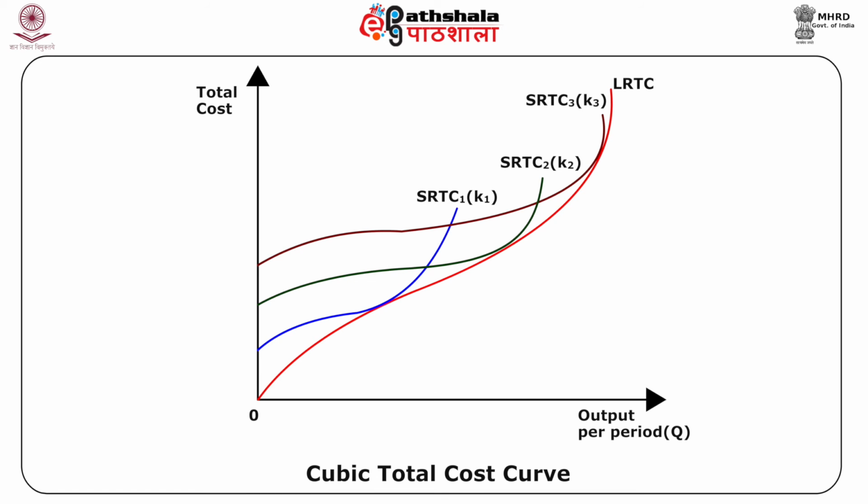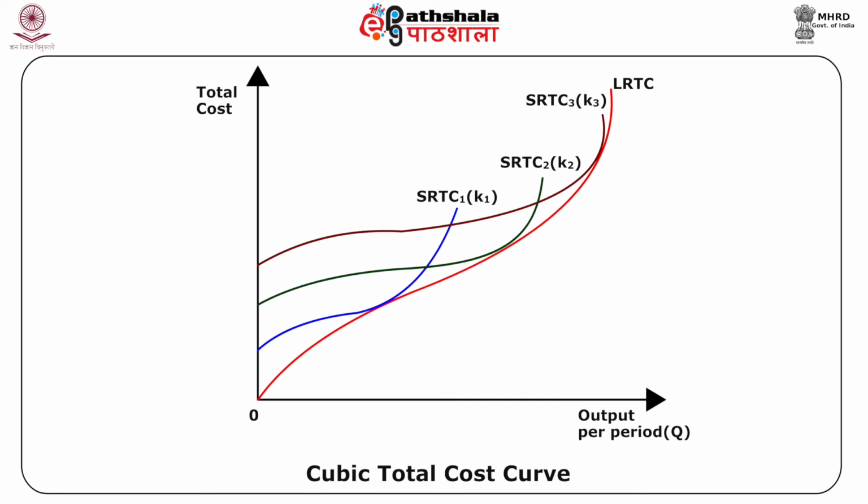Figure 1 diagrammatically represents the derivation of long run total cost from short run total cost curves. In this figure, the firm faces a cubic cost function. In the long run, a firm chooses the optimal point of production and optimal proportion of inputs for each output level, as it is free to vary the scale of production and input proportions as required.